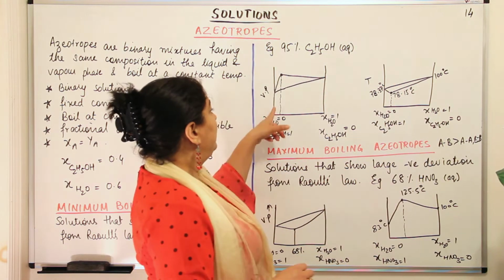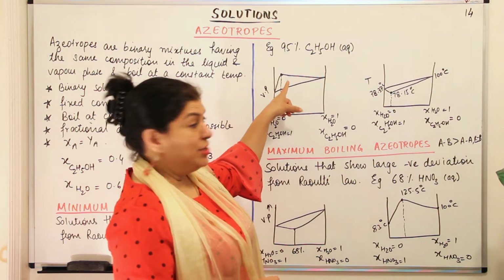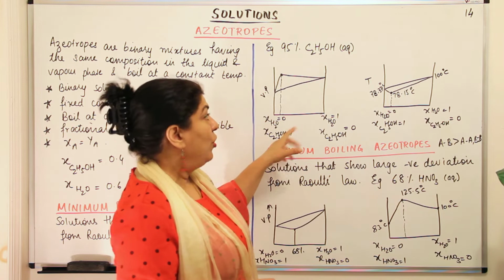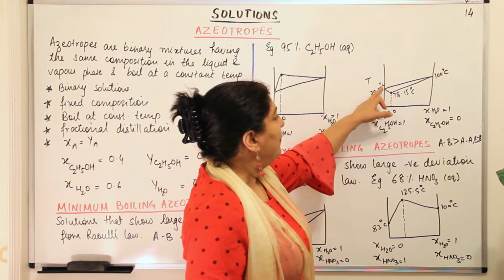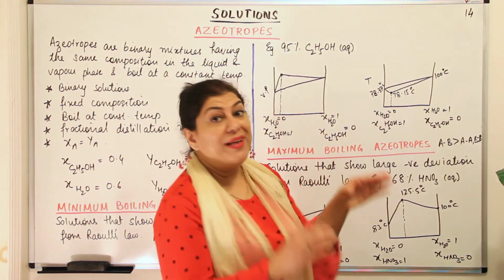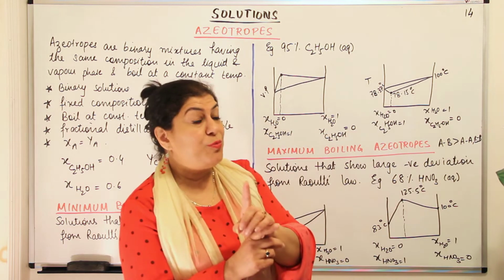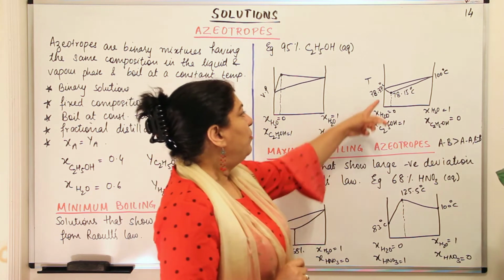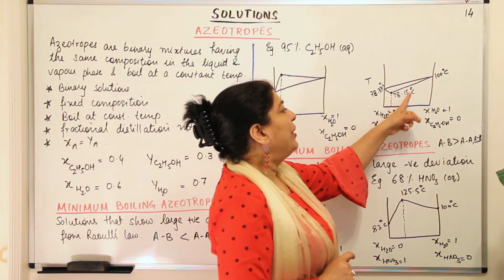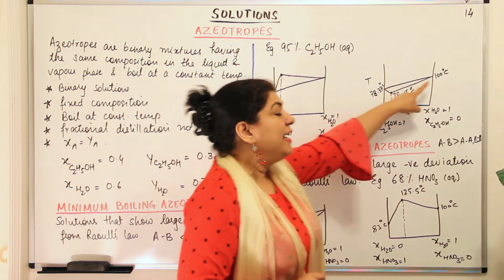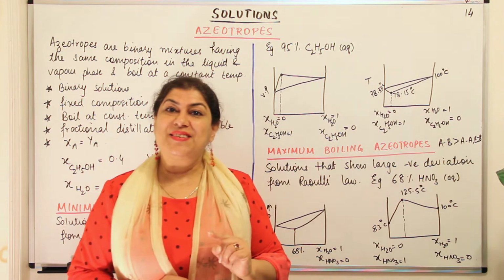And when we get this constant boiling mixture or the azeotropic mixture at 95% of ethanol, at that concentration we find that if the vapor pressure was the highest, the boiling point is the lowest, and it's a constant boiling mixture, therefore it has a common boiling point. And that boiling point now is 78.15 degrees Celsius, which is lower than either of the components.